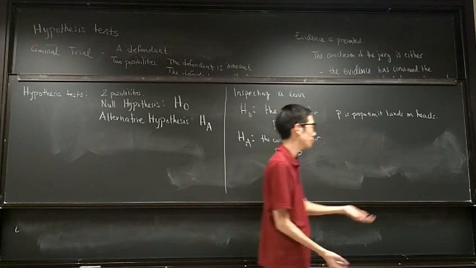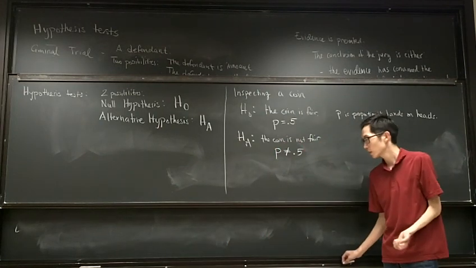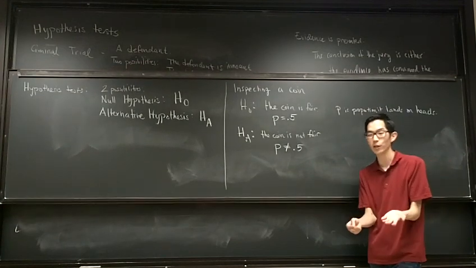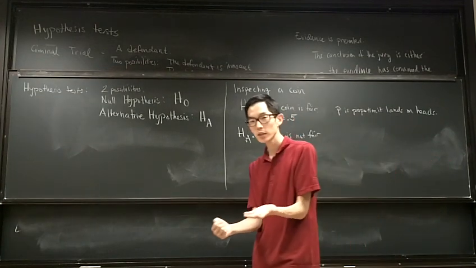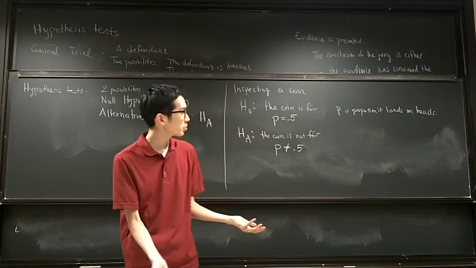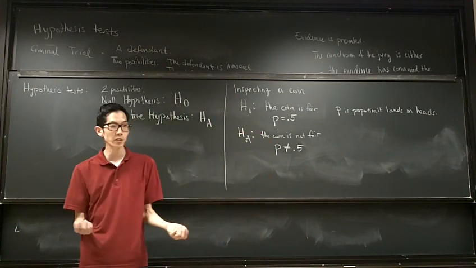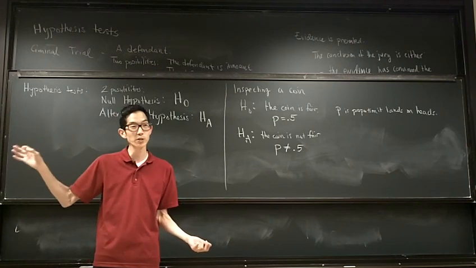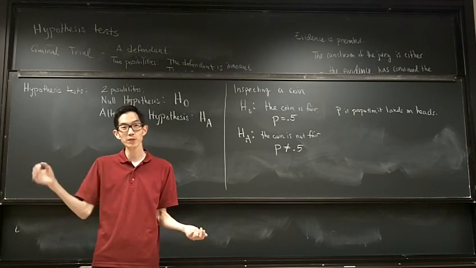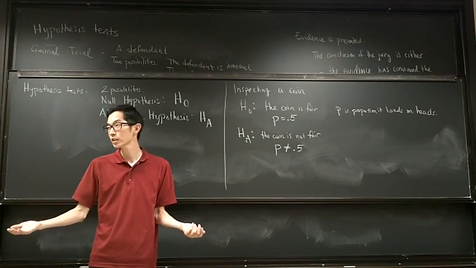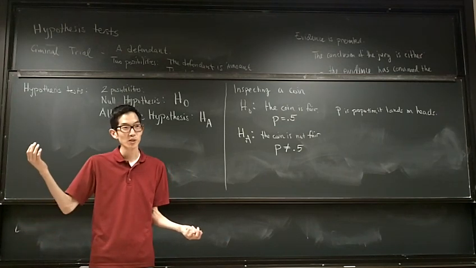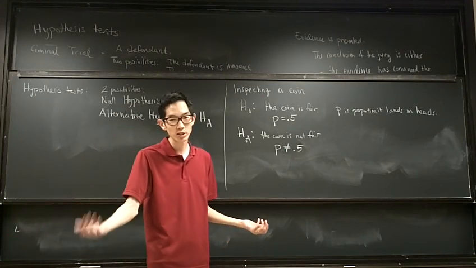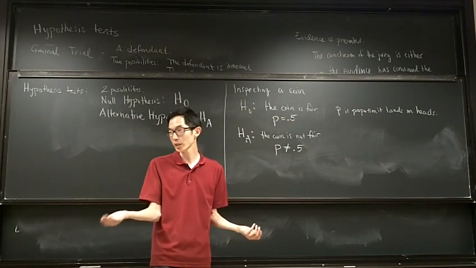Well, if we flip it 5 times and it landed heads 4 times, that doesn't convince us. Why? Because we could have taken any old coin that we know is fair, flipped it 5 times, and it could have landed heads 4 times just by dumb luck. That's very possible, and it happens quite often.